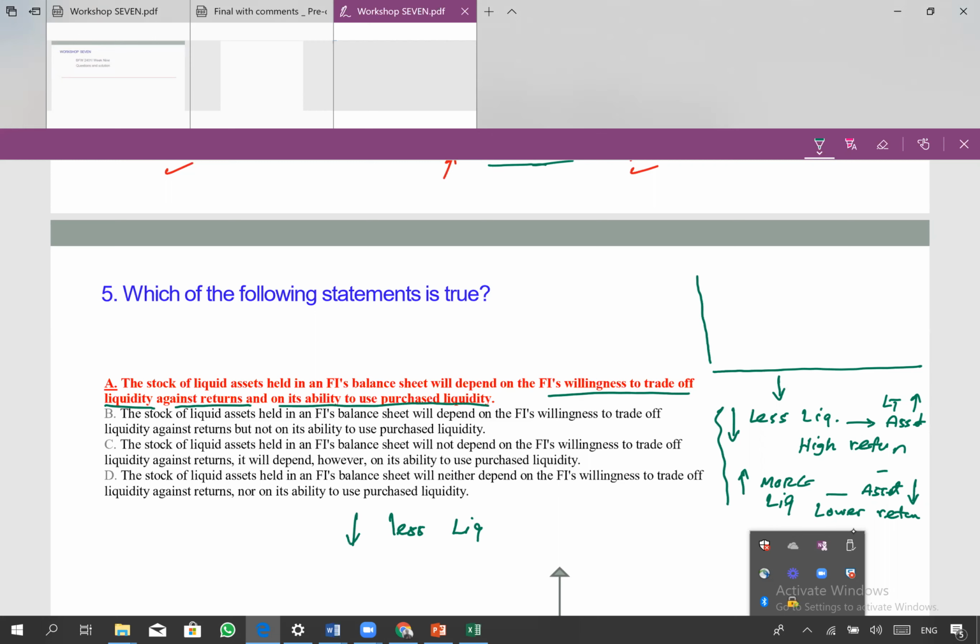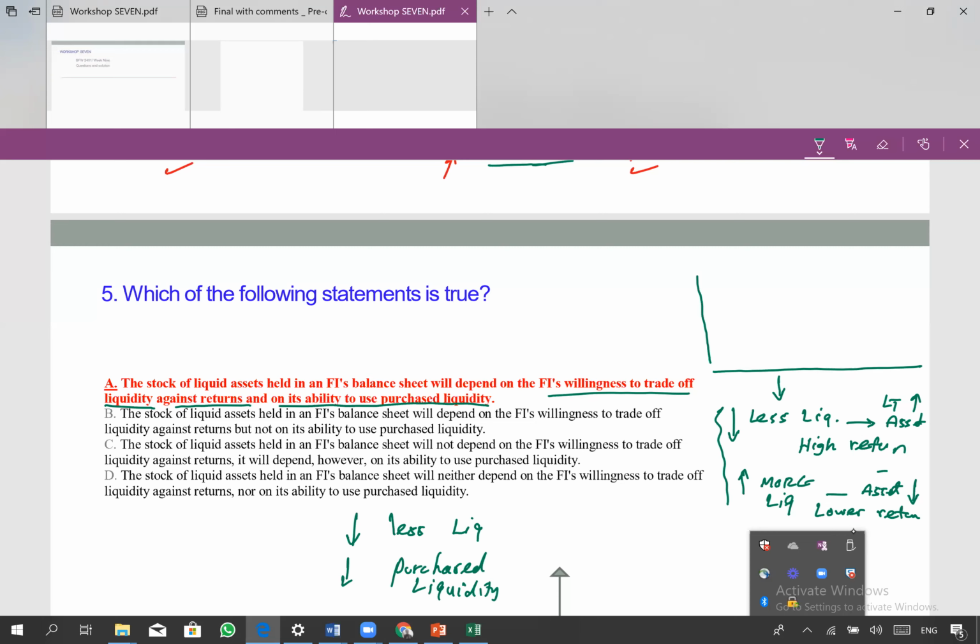But when I'm stuck and under stress of liquidity, I can go and purchase, which means I have a good profile in the market. I can issue stocks, bonds, borrow from the central bank, borrow from the interbank. I can always purchase liquidity.